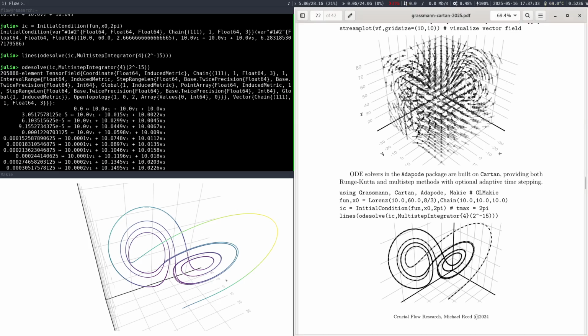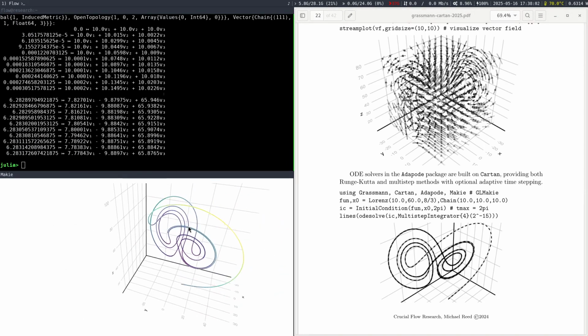So all these things are tensor fields, Cartan tensor fields, okay? And the Grassmann package is used as the foundation. Like all these vectors and stuff, they're Grassmann elements, okay? They're three-dimensional vectors in Grassmann algebra, okay? And then the whole solution of the differential equation is a tensor field in the Cartan package.